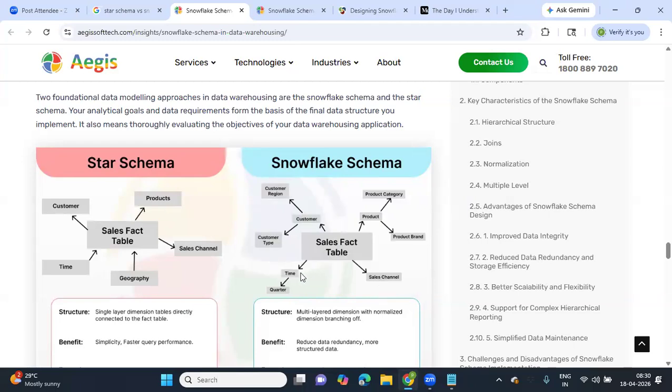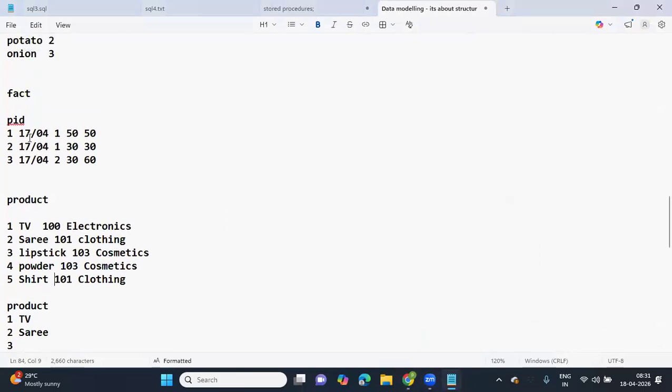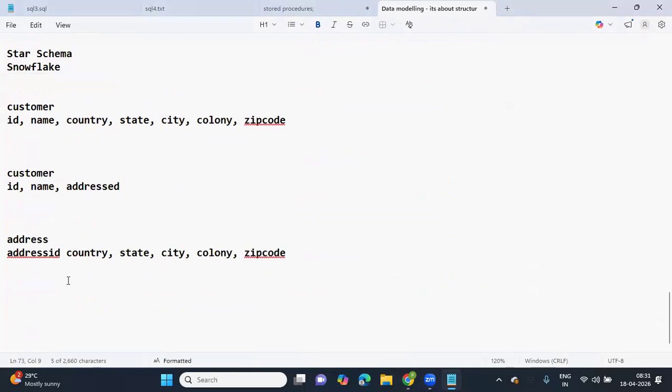Okay. Similarly, the time. Let's say in the real-time projects, we will have a date dimension table. Instead of referencing the order dates or the purchase dates directly, we will simply have a date dimension, where we will have date ID, date, year, month, week, quarter, and a lot of other details.